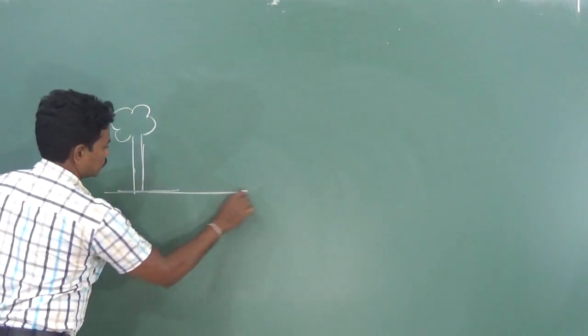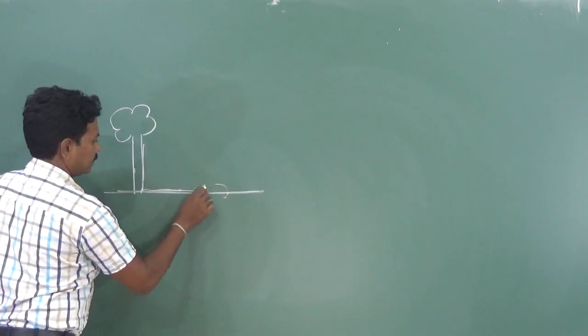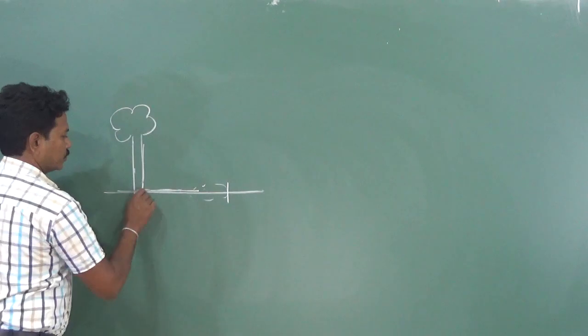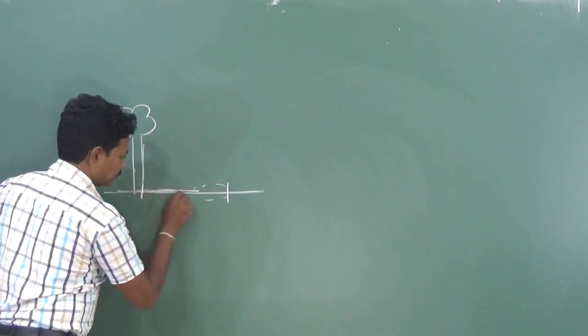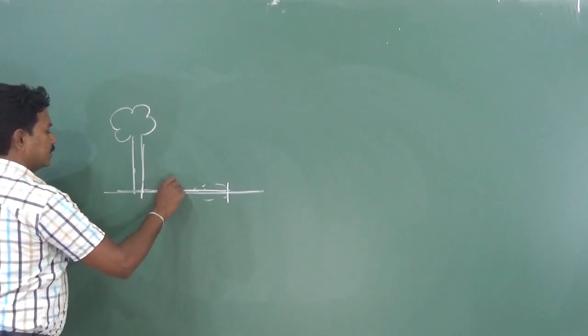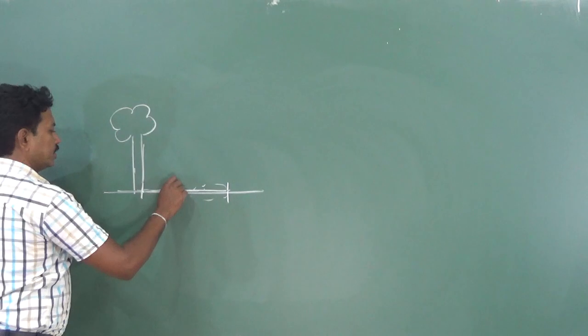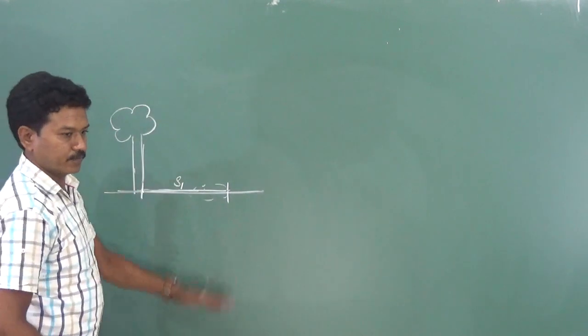The student is asked to measure the shadow from here to here. He is asked to measure the length of this shadow. So the student uses a measuring tape and measures the length of the shadow. Let us take it as S1, length of the shadow S1.